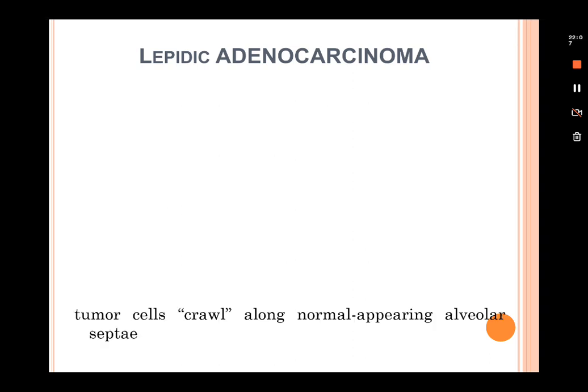Now I'm just describing these terms so that you remember the names. You don't have to remember this in detail. Adenocarcinoma can have this pattern, this pattern, this pattern. There's something called a lepidic pattern.